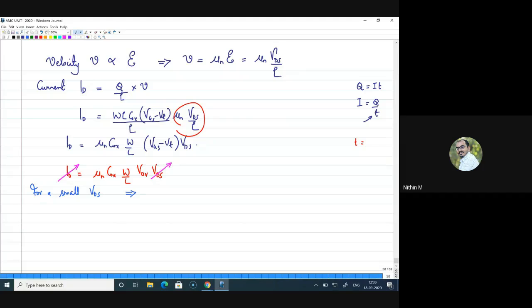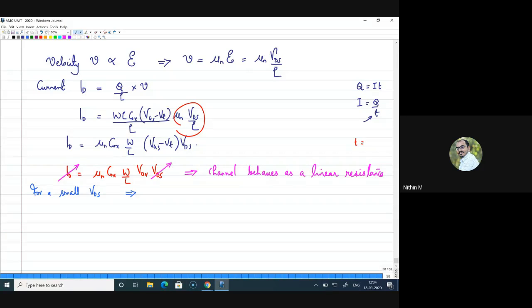A linear variation, because the other things are not going to change. So you are actually getting a linear variation. That means we can understand that at this point the channel behaves as a linear resistance, and who is controlling that resistance?